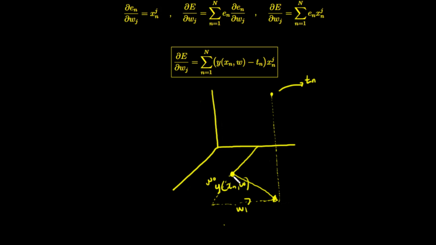In that case, we're sitting at the correct spot. But if that isn't the case, as in this example here, there is a component in this direction and there is a component in that direction. So the dot product here determines the components of the error in each of the directions within our space.